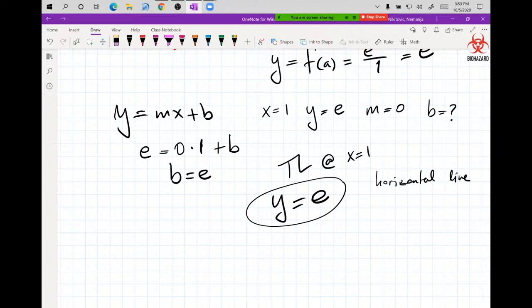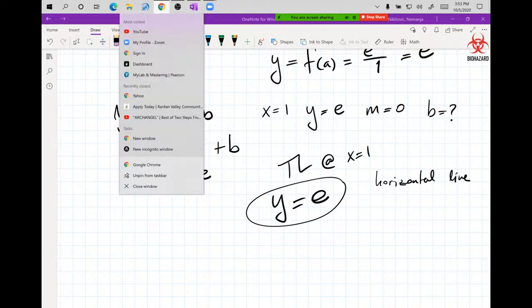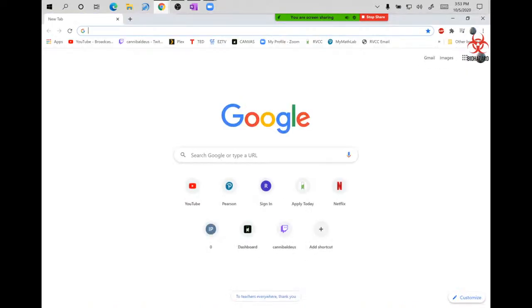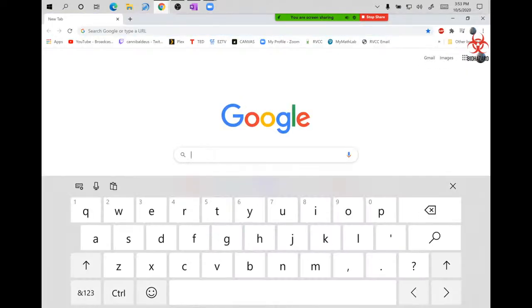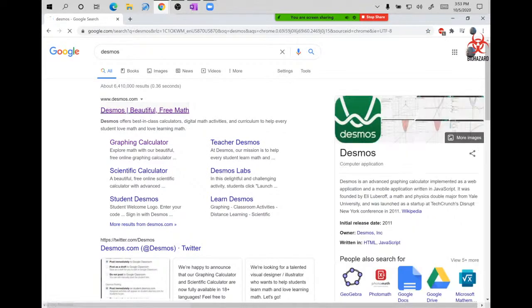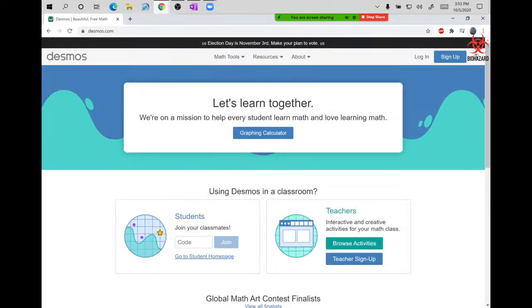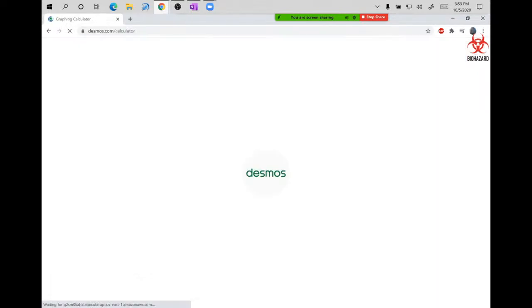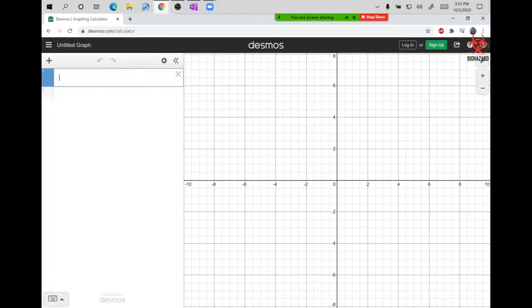To do that, let's go with Desmos. You should be using this website every day until you learn graphing by hand. So we have a graphing calculator here, and we are going to graph both of these functions.